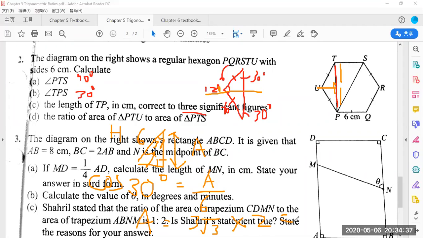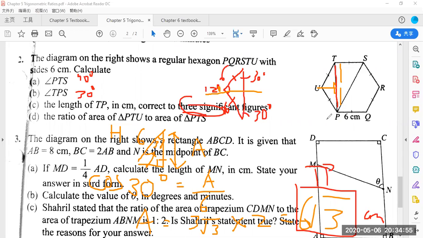Multiply 2 becomes 6√3, right? This 6√3 is the TP we find. We need 3 significant figures, so we change to decimal. It's 10.4 cm.